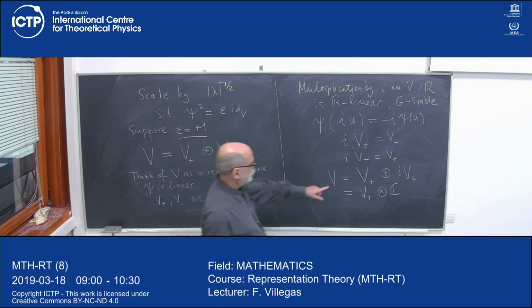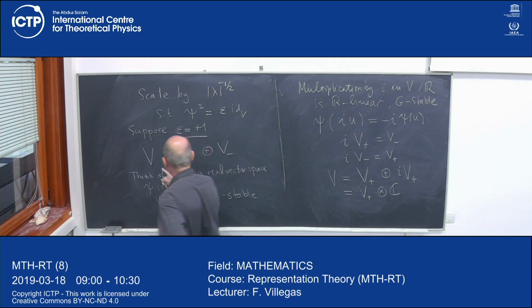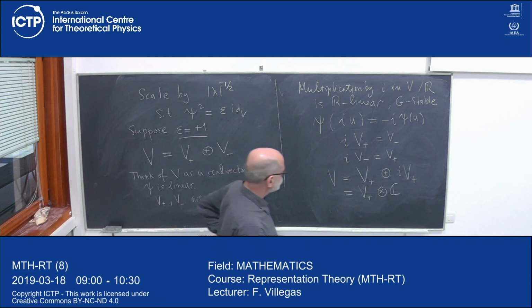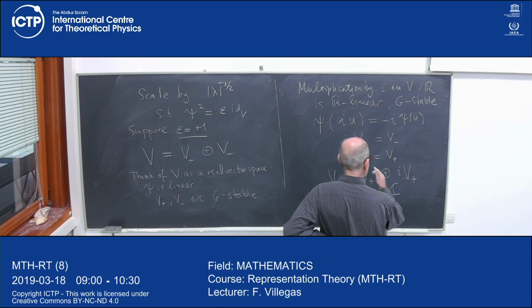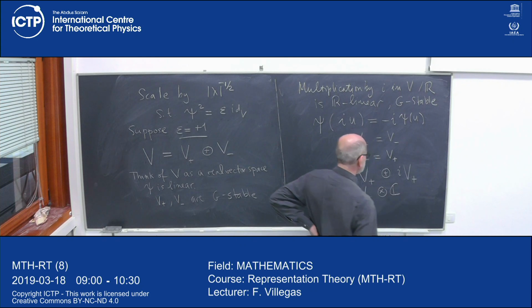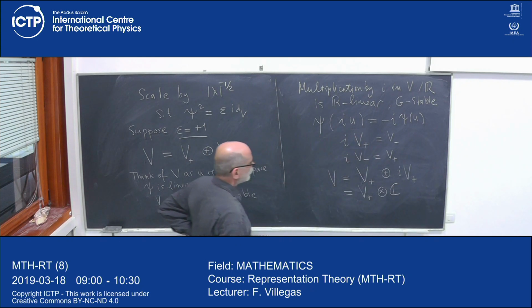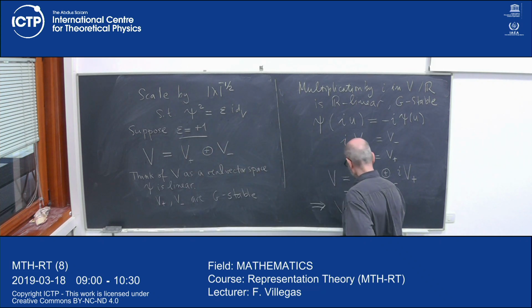So V plus is a G stable subspace of V. It's a real subspace. And to find the whole of V, you just have to double it up and multiply by I, which is exactly the effect of tensoring with C. So, in other words, V is real.